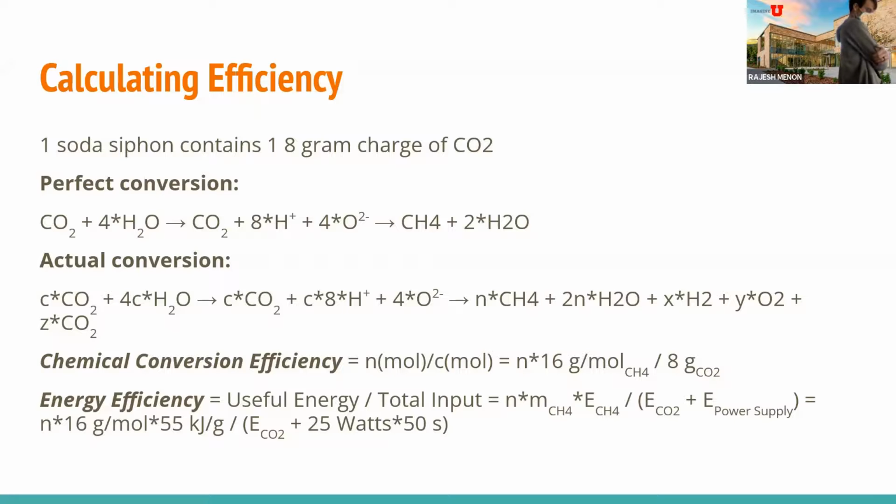So in terms of the chemical conversion efficiency, you have the moles of methane that come out compared to the moles of CO2, where 1-to-1 is perfect efficiency, and N over C is our potential efficiency. We know that what we input was 8 grams of CO2. This was within our budget.